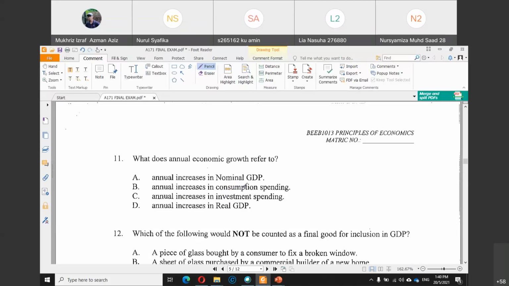Increase in nominal consumption, investment, or real GDP. So I just mentioned, economic growth refers to an increase in, we are using real, so it refers to real GDP calculation.